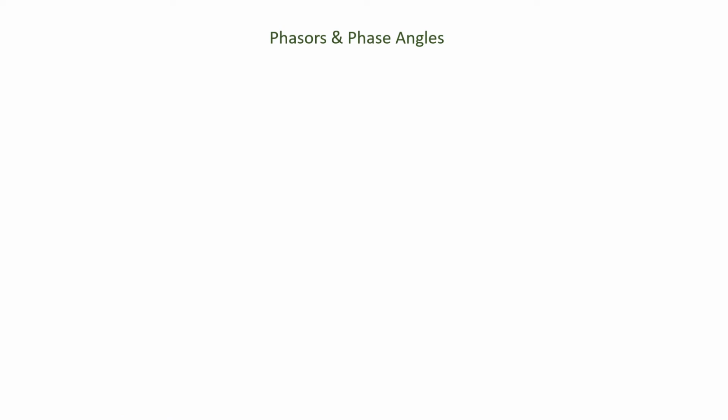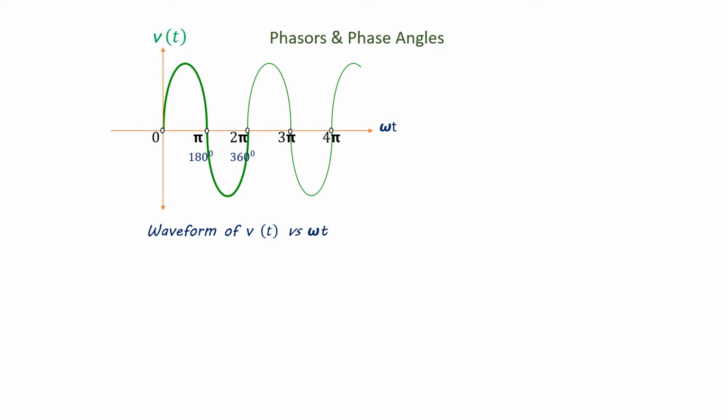We will know about the phasors and phase angles. See this figure. This is a voltage waveform. It is drawn with respect to omega t. The omega t axis is marked in radians and also in degrees.